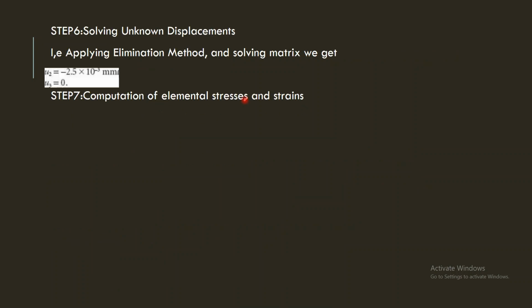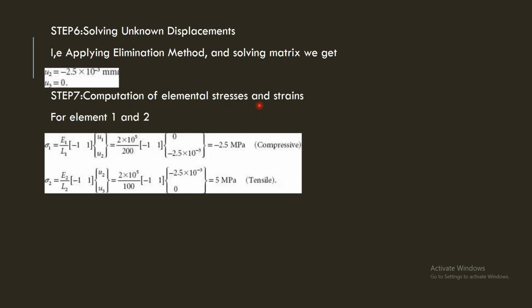Next, what is the next step? That is computation of elemental stresses and strains. In order to calculate this, we should have the equation of stress, that is sigma 1 equal to E1 divided by L1 multiplied by minus 1, 1, and U1, U2.